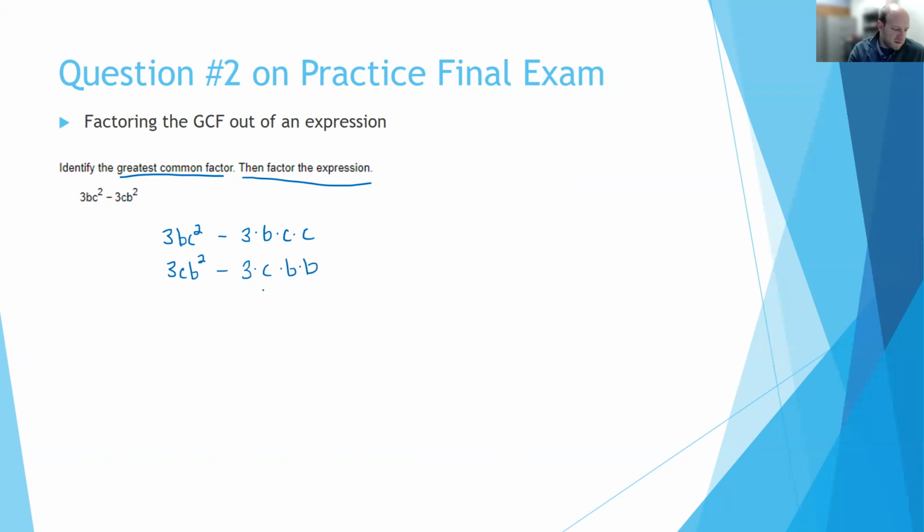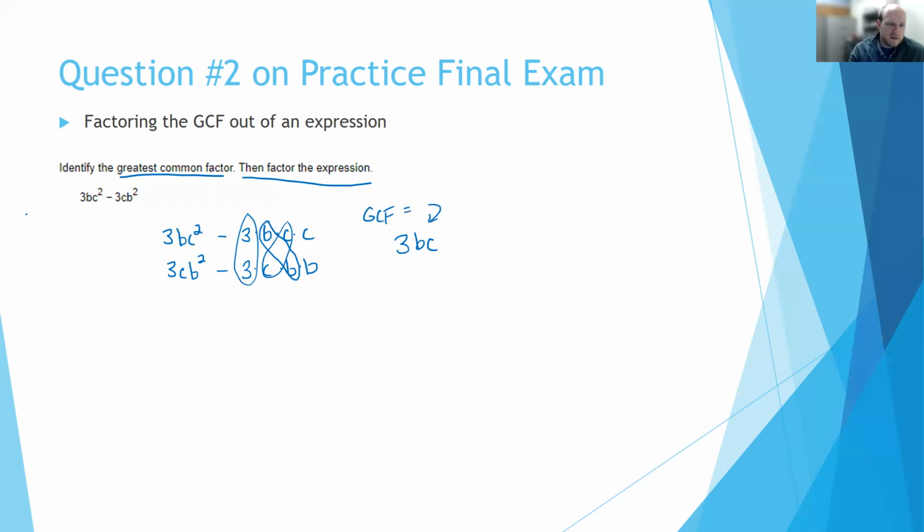For the greatest common factor, you look for pairs of each of those. We have some 3s, a b, and also a c. So we have a 3, a b, and a c. That is going to be your greatest common factor.